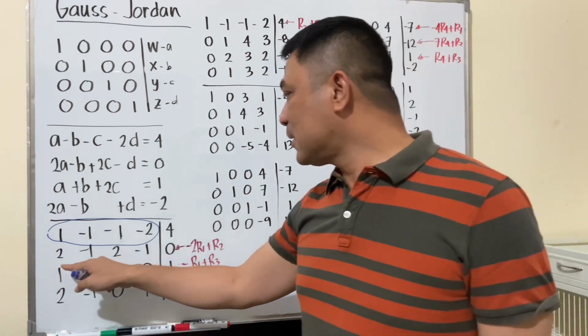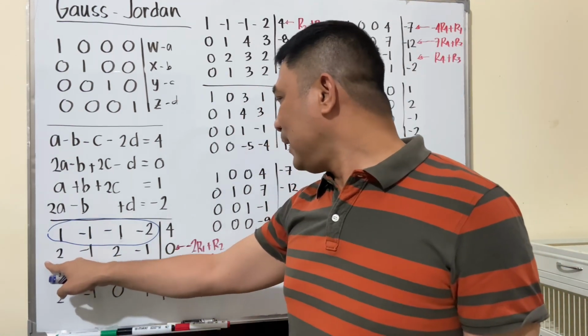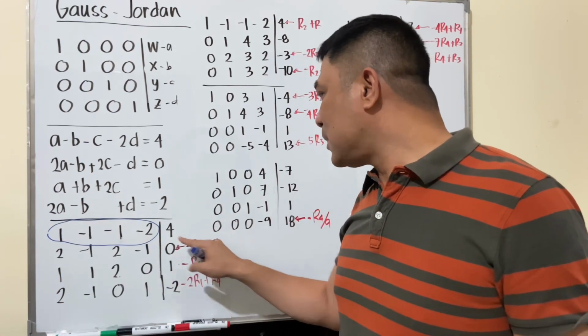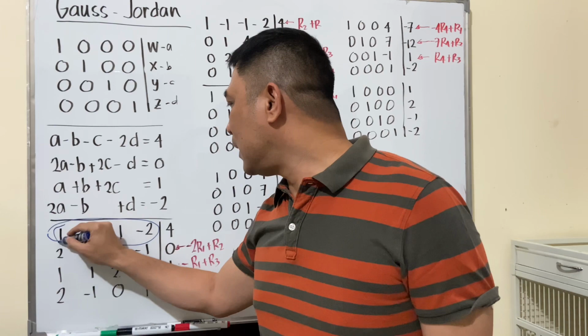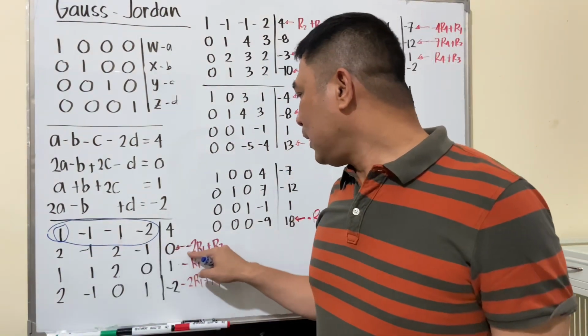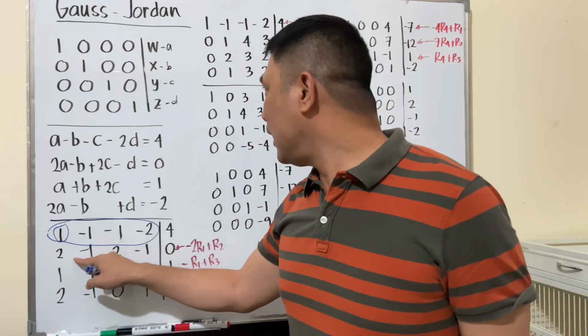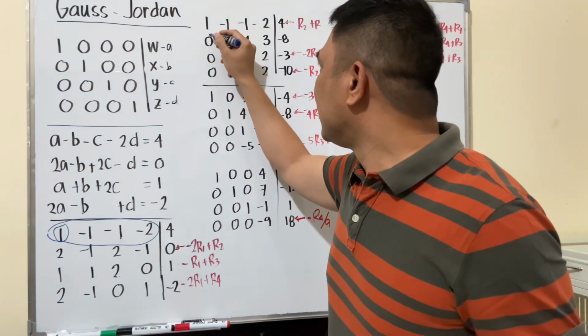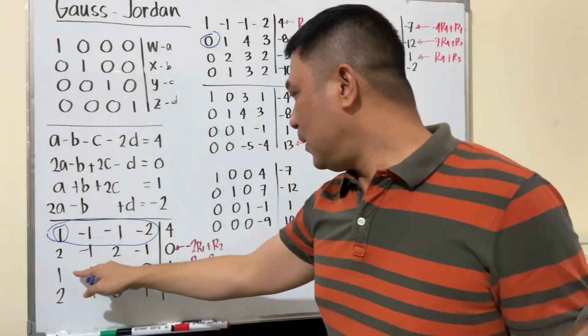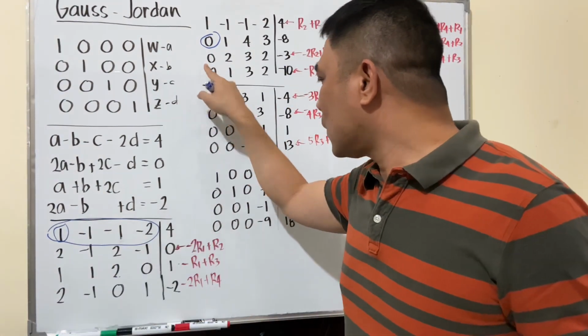In this case, you have here -2R1, so -2 times 1, plus R2. -2 plus 2 makes it 0 here. That's why we got 0 there. Again, this is how we arrive at the 0 here.